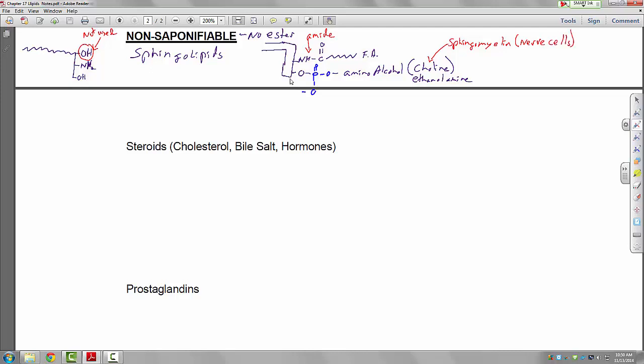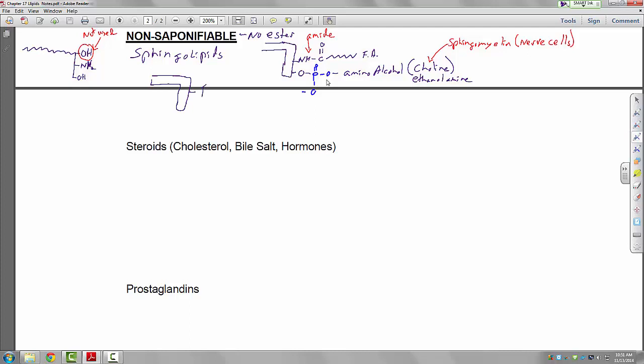We could also have, instead of this phosphate and this amino alcohol, so let me draw another one of these guys. Won't bother with the structure, but again, it's an amide bond.